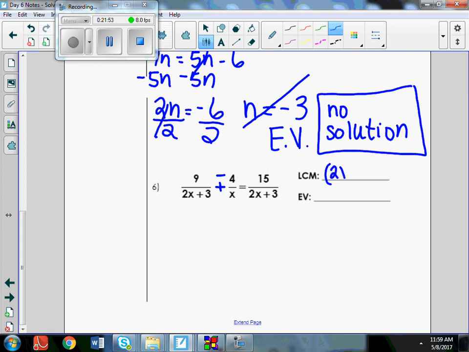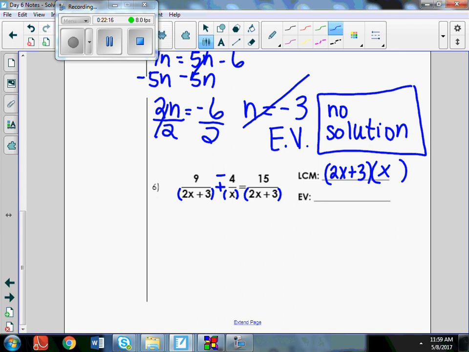2x plus 3 times what? Remember from our last unit? Times x. Very good. Okay, because I can't just put a 2 and a 3 on there. These are all separate. So I'm going to have to multiply them by each other.